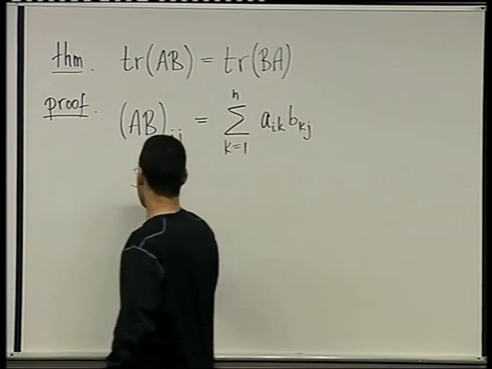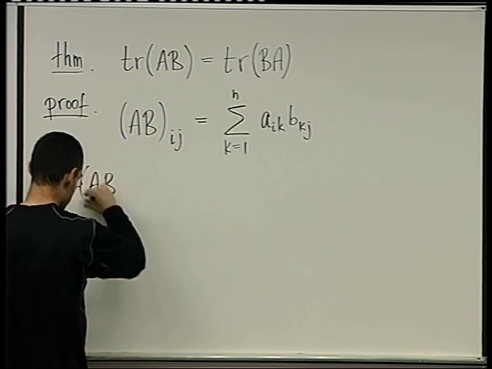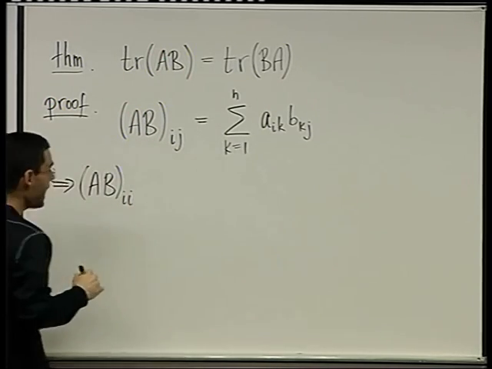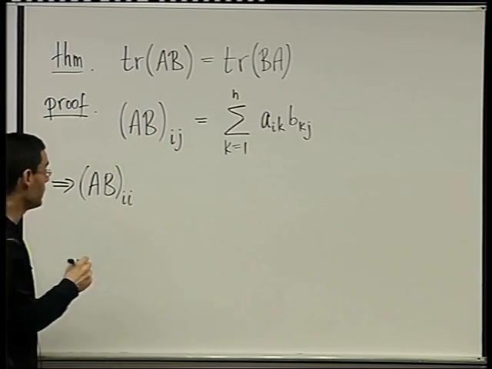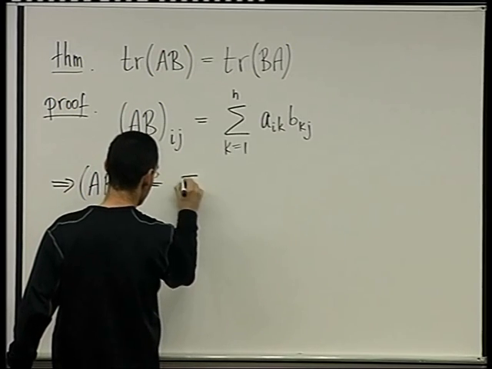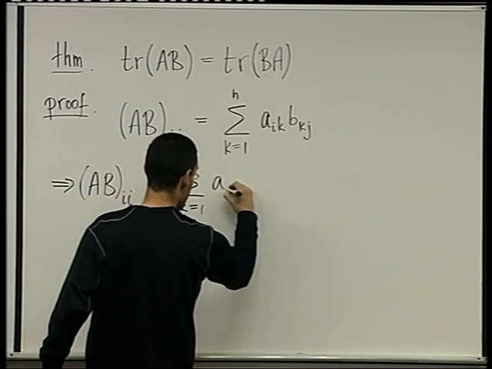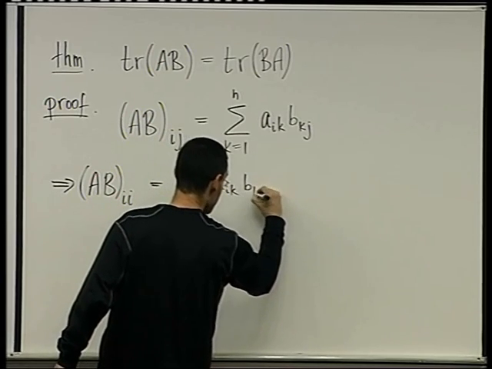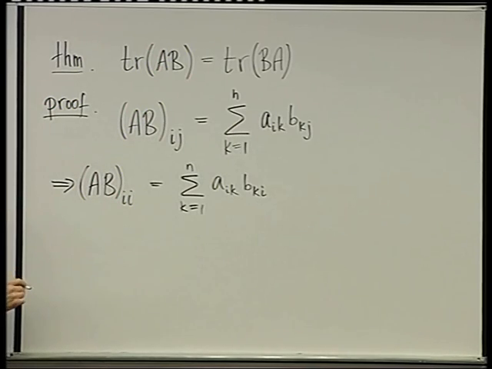And therefore, what is a diagonal element? A diagonal element is an element where you have ii, the same row and column. So it's the sum, k goes from 1 to n, of a_ik b_ki. Good?